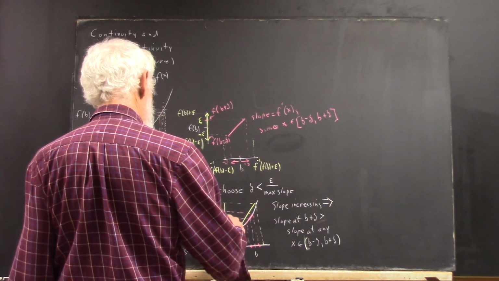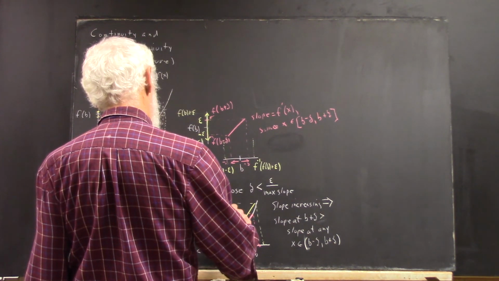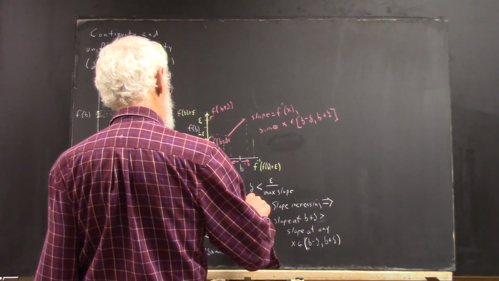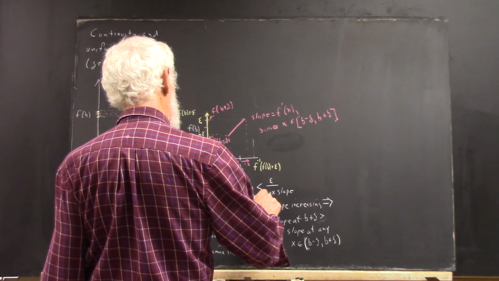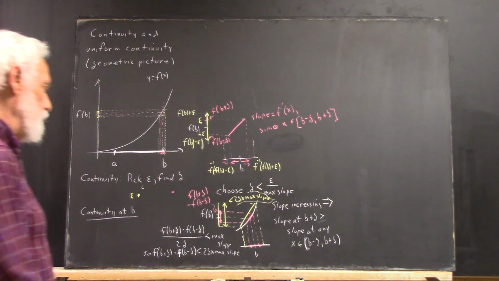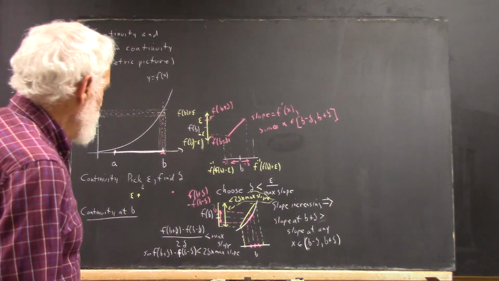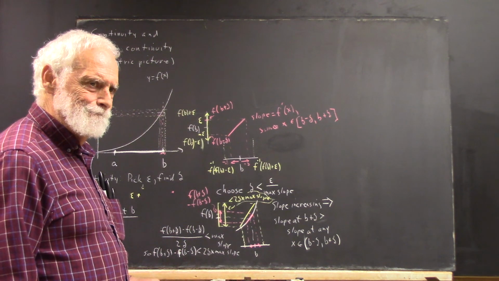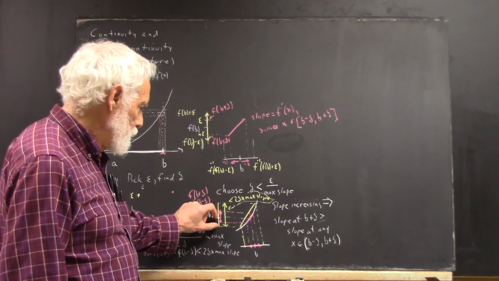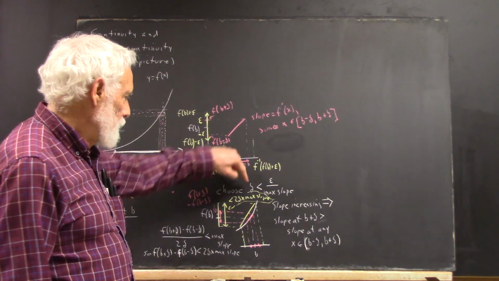So the width here is actually less than 2 delta times the maximum slope. Which, if it's modified just a little, because I chose the wrong interval, I could do this on half intervals, I conclude that this implies this.